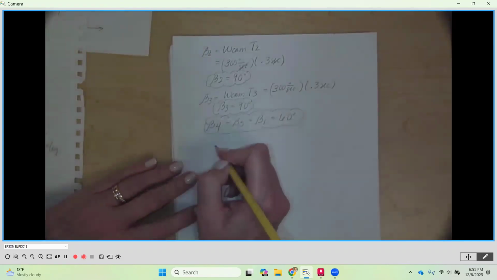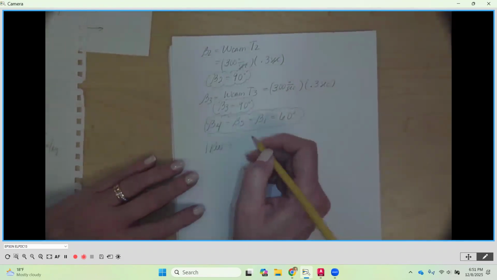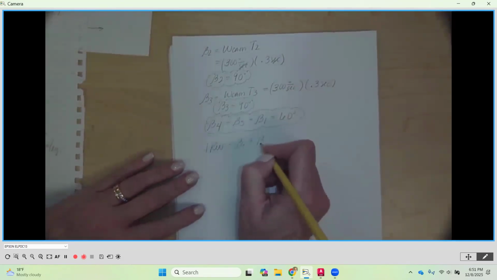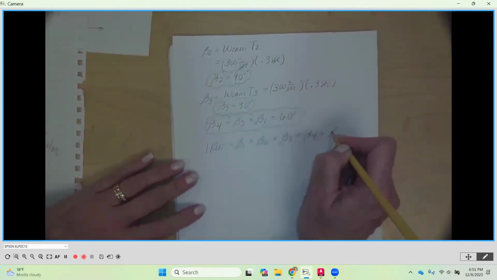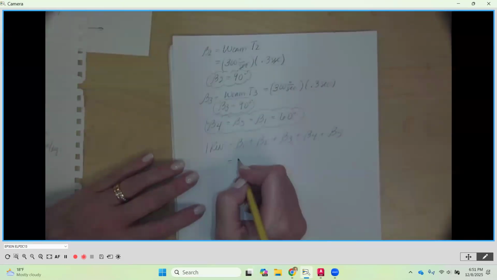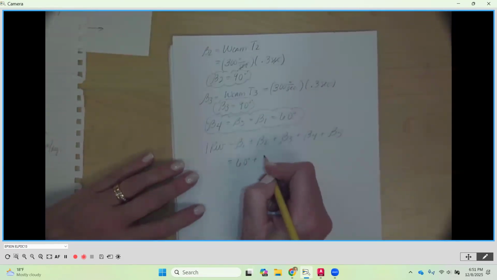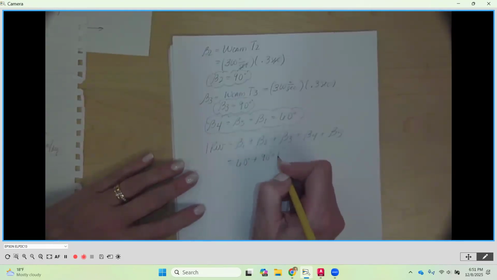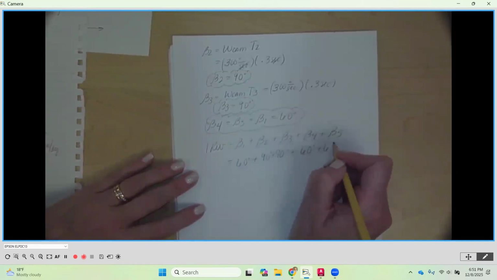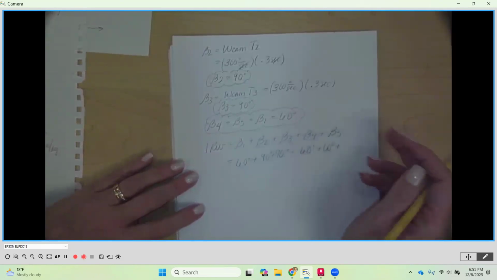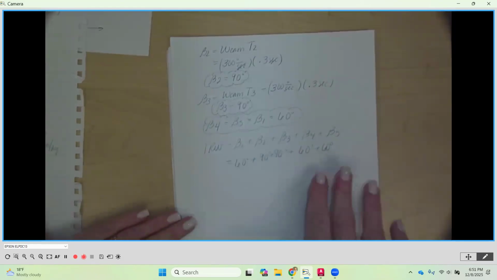So 1 revolution is equal to beta 1 plus beta 2, 3, 4, and 5. That means 60 plus 90 plus 90 plus 60 plus 60. It looks like we're good.